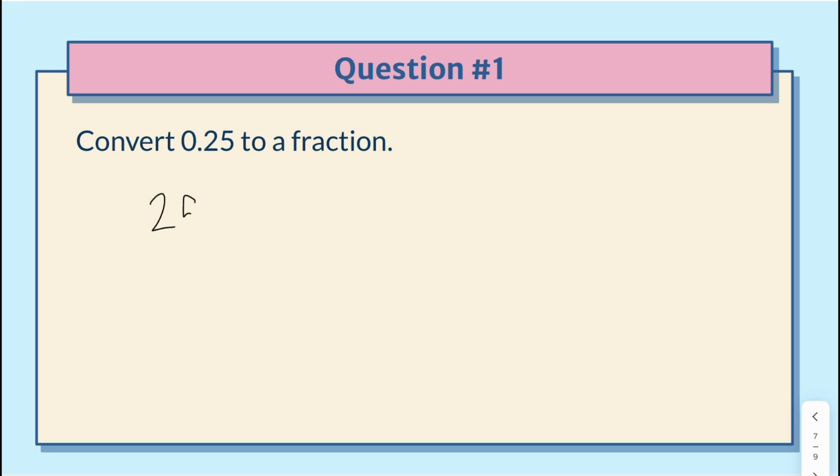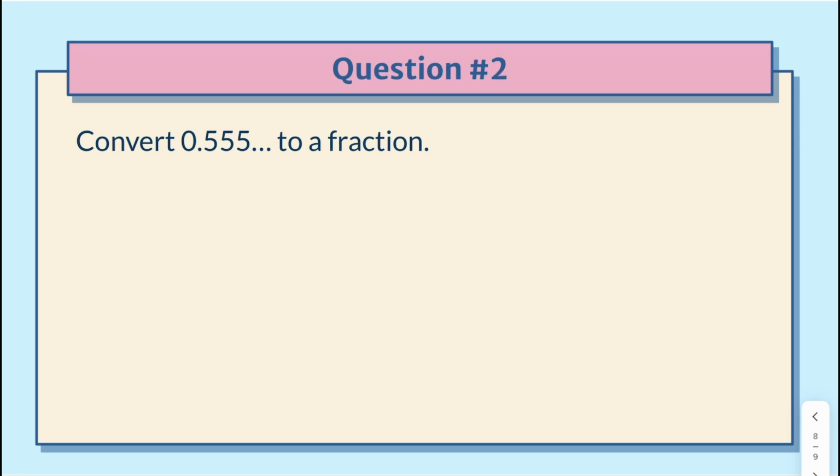We have 25 hundredths, because the place value goes ones, tenths, hundredths. So if we reduce this fraction, we get 1/4. So we know that 0.25 is equal to 1/4.